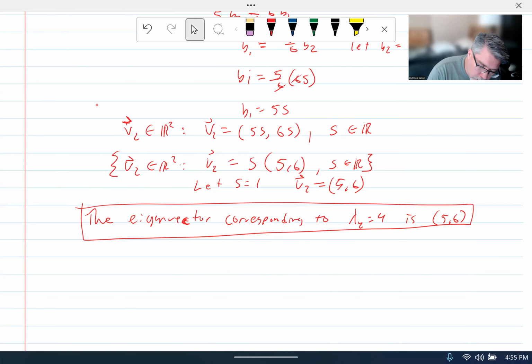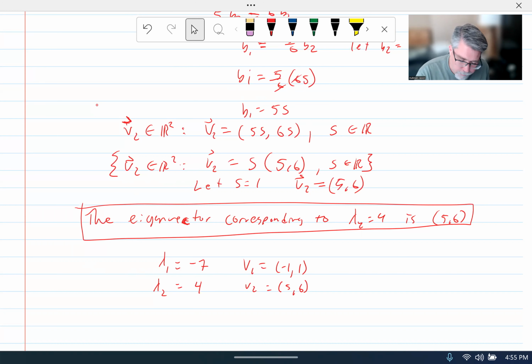Eigenvalues were lambda 1, lambda 2, equaling -7 and +4. Okay, and the corresponding eigenvectors v1, v2 equaled (-1, 1) and (5, 6).